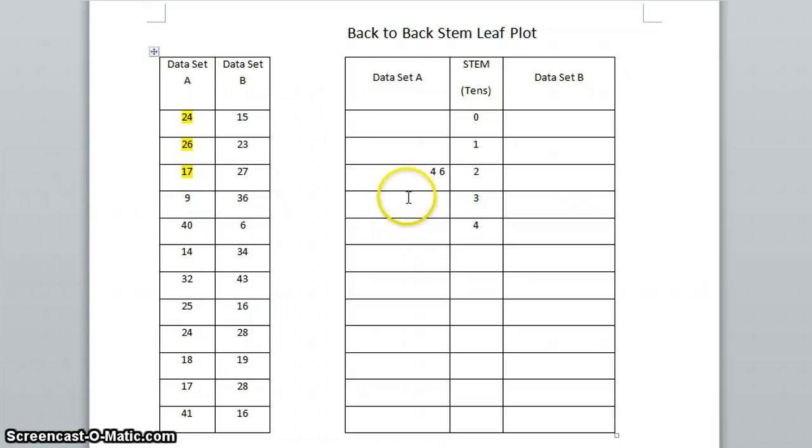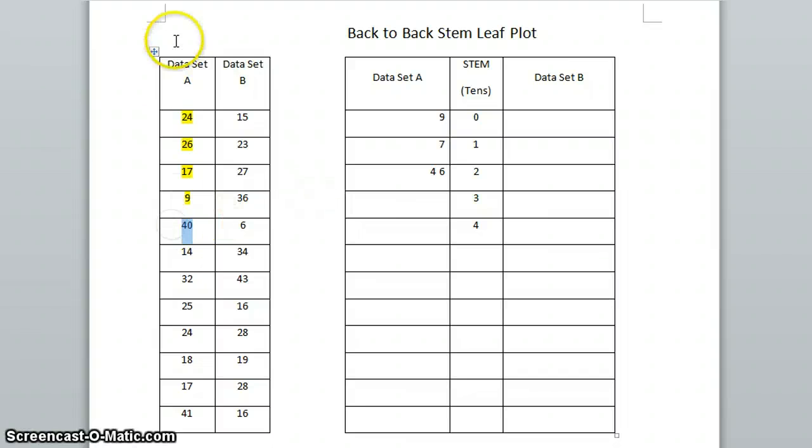This is 17, the next one's 17, so it's 1 ten, 7. The next one is 9. That doesn't have any tens, so that's going to be 0, 9.